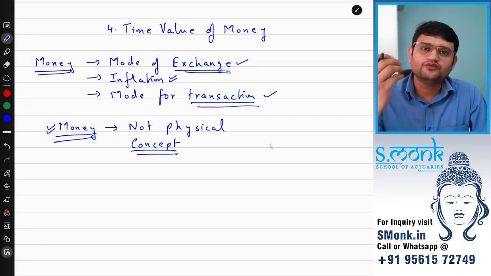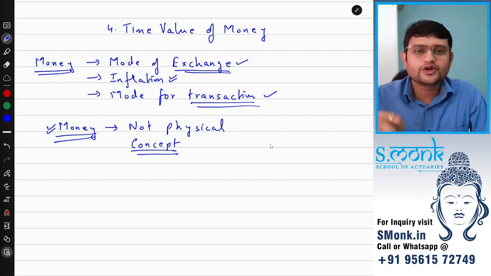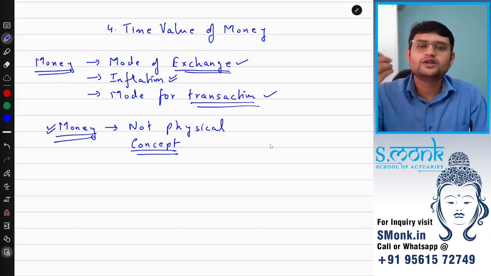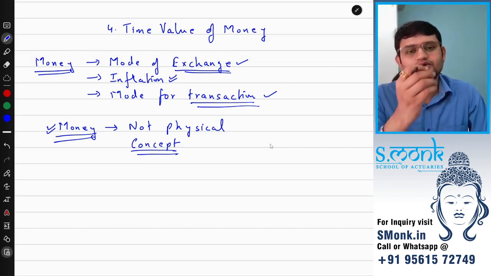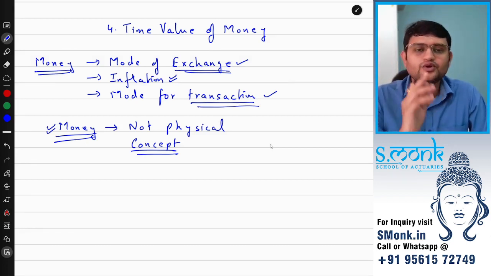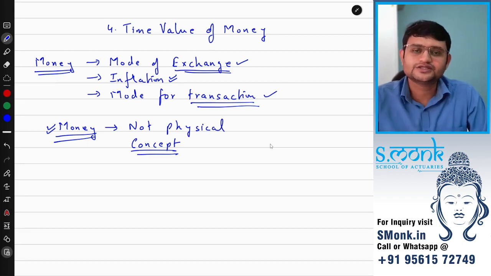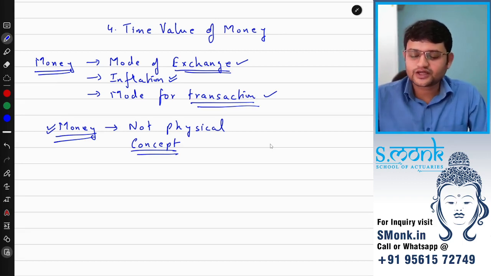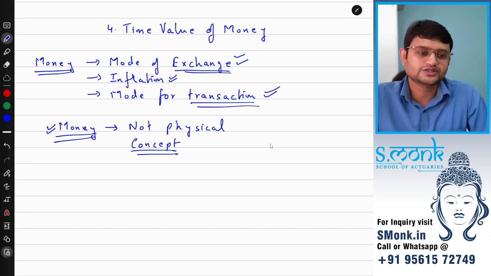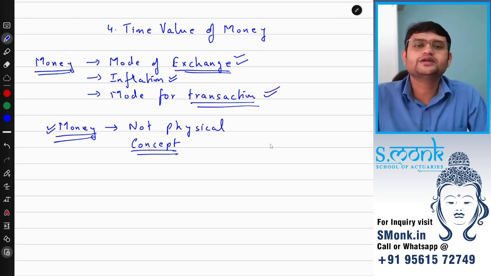The farmer can value their own wheat. They can say 1 kg wheat is worth so and so money, and the fisherman can value their product, their fish, and say 1 fish is worth so and so rupees. So money was there just to facilitate the exchange, just to facilitate the transaction. That is the main reason money was invented.